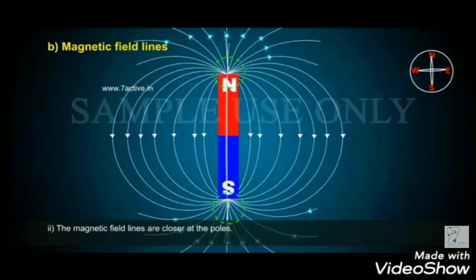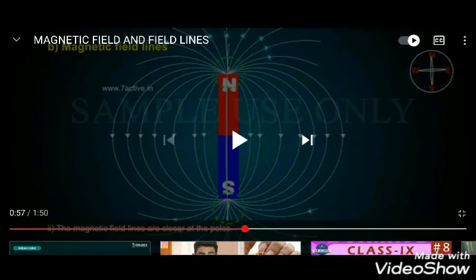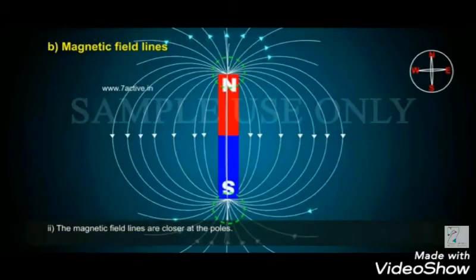So let us summarize the properties of magnetic field lines. Here you can observe, children, these arrows or these curves are there, no? Those represent the magnetic field lines. What are the properties of these magnetic field lines? The field lines emerge from north pole and merge at south pole. That is the first property.